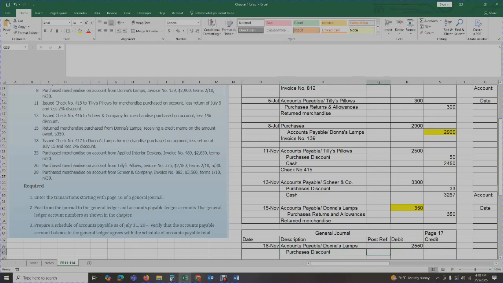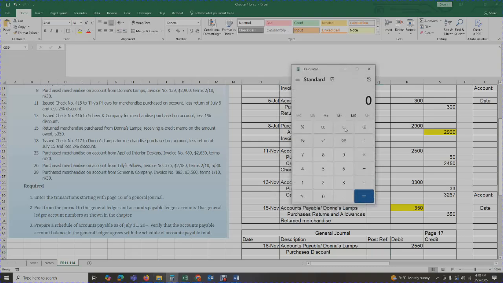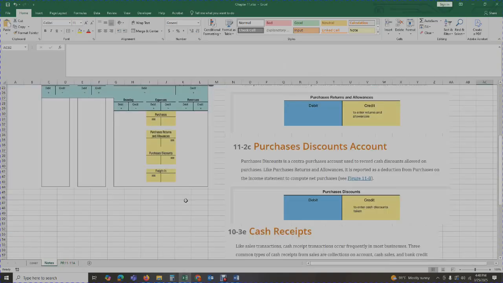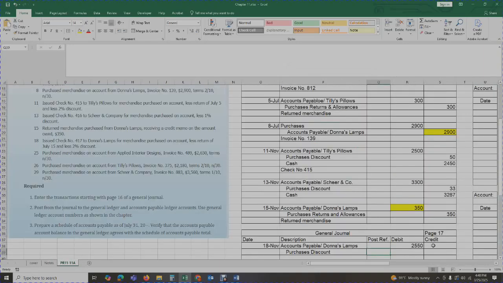We have a discount, according to the problem, of 2%. So we owe $2,550. We multiply that by 2%. So my discount will be $51. Remember, discounts, if we look back here, discounts get credited. So we're going to credit our discounts, the $51.